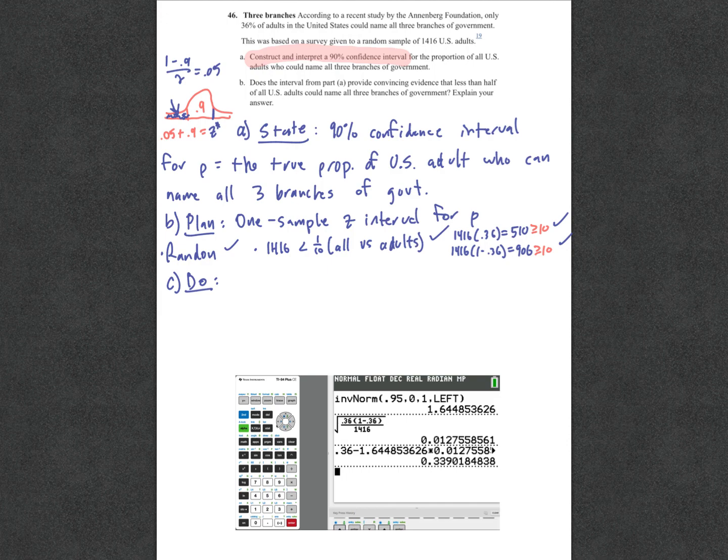Okay, so for our confidence interval, the left will be 0.339. Let's go back to the calculator to get the right-hand side. Go up and highlight, and just change the minus to a plus. And that's the right-hand side of our confidence interval.